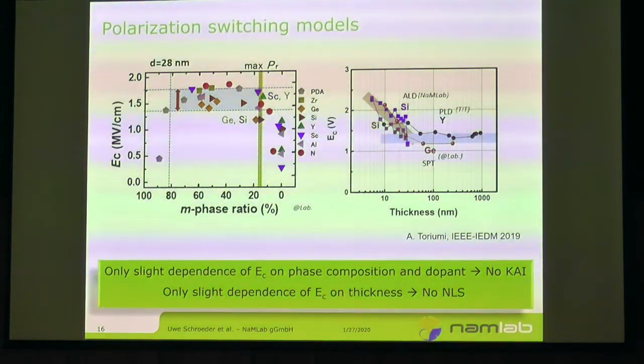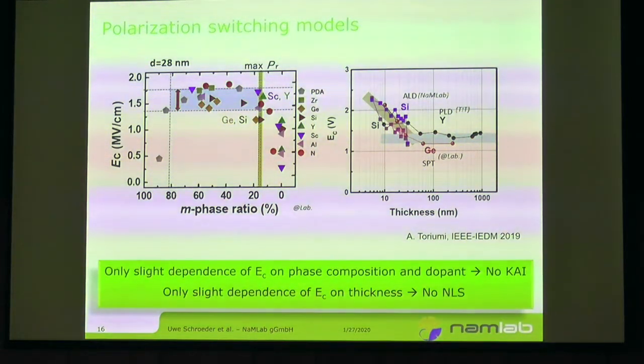If you would expect a KAI switching behavior, then with a non-polar phase portion in your film, you wouldn't expect domain growth and coalescence of the grains. So we think, due to this quite constant coercive field over a very wide range of film compositions, that we don't have a KAI model, and that's what you could see already in the PFM measurement I showed you before.